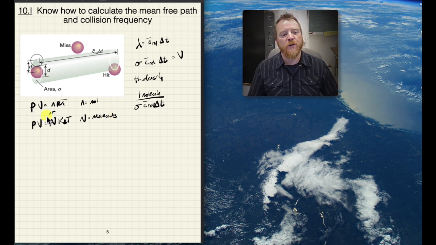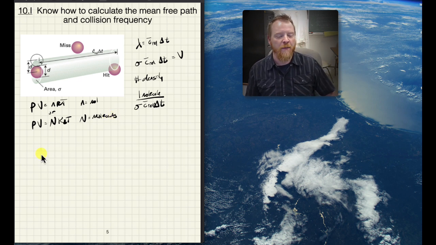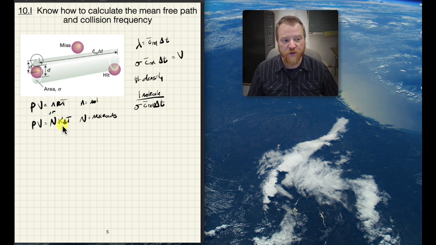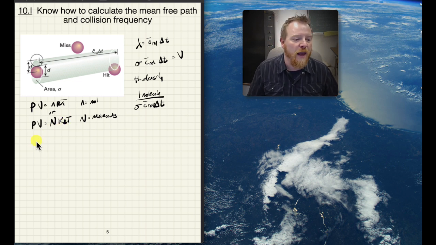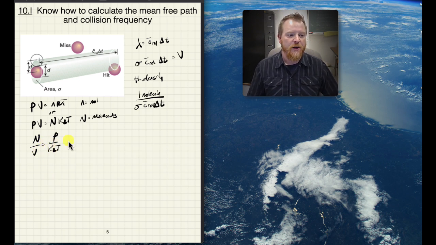Of course we'd have to adjust the units of our volume appropriately for using k Boltzmann. All the same, we'll rearrange this for number of molecules per unit volume, which equals P over k_B T. We can then set P over k_B T equal to this volume right here.